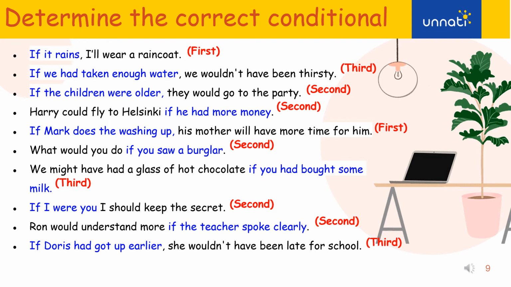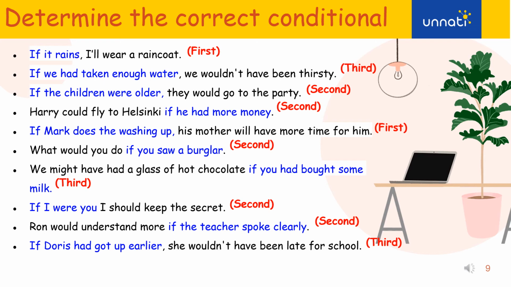So guys, I am back with the answers. I hope you've taken your time, gone through each and every statement and done the exercise. So let's take a look. We have already discussed the first answer, so I will not repeat it. Let's start from the second sentence. If we had taken enough water, we wouldn't have been thirsty. If we had taken enough water is the condition. We wouldn't have been thirsty is the result.